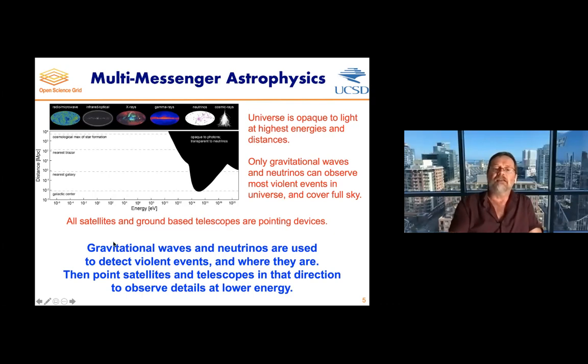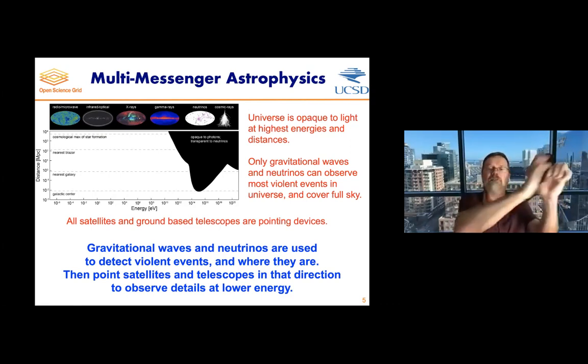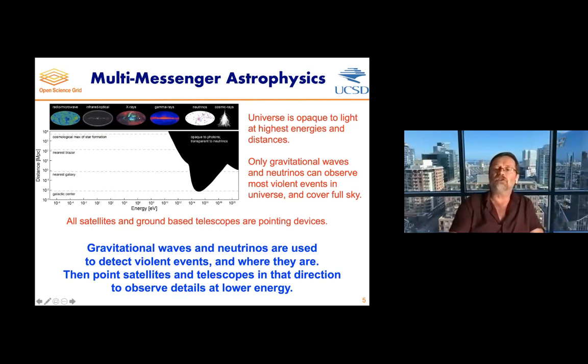And then, given that all satellites and ground-based telescopes, in other words, all light-based instruments anywhere across the entire spectrum of frequencies of light, are essentially pointing devices, meaning they have a very small angle of view, if you don't point them directly at something, you can't observe it. So gravitational waves and neutrinos will detect something that's very violent and otherwise not visible because it's in this area.